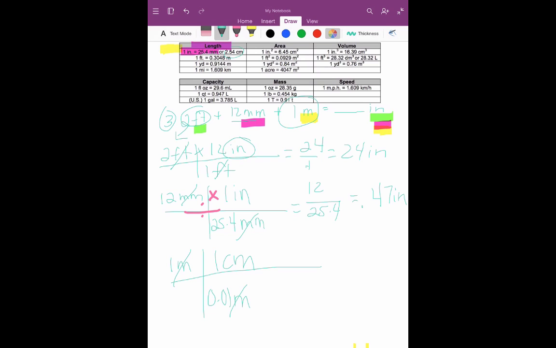We're going to put our centimeters on the bottom. We know we have 2.54 centimeters per 1 inch. Our centimeters, bam, bam. Now we need to multiply, divide. So we have 1 times 1 times 1 is 1, divided by 0.01 times 2.54, which is going to be 0.0254.